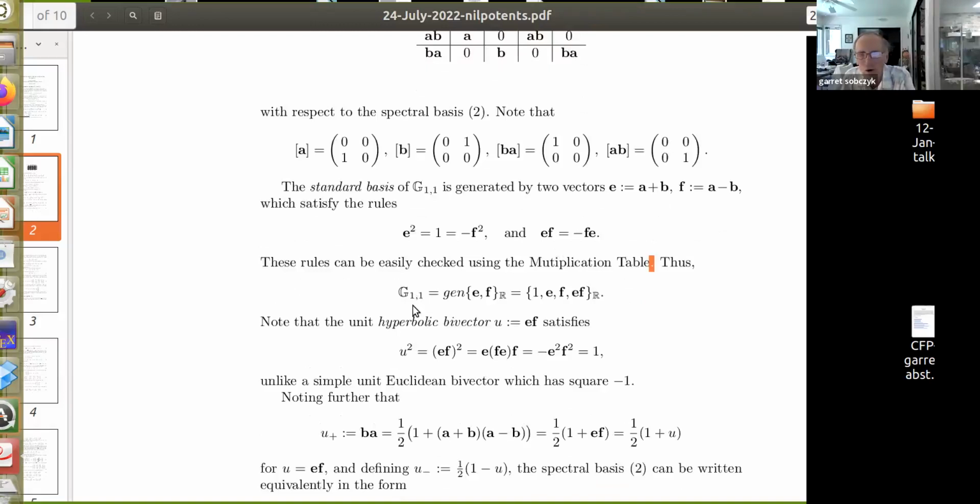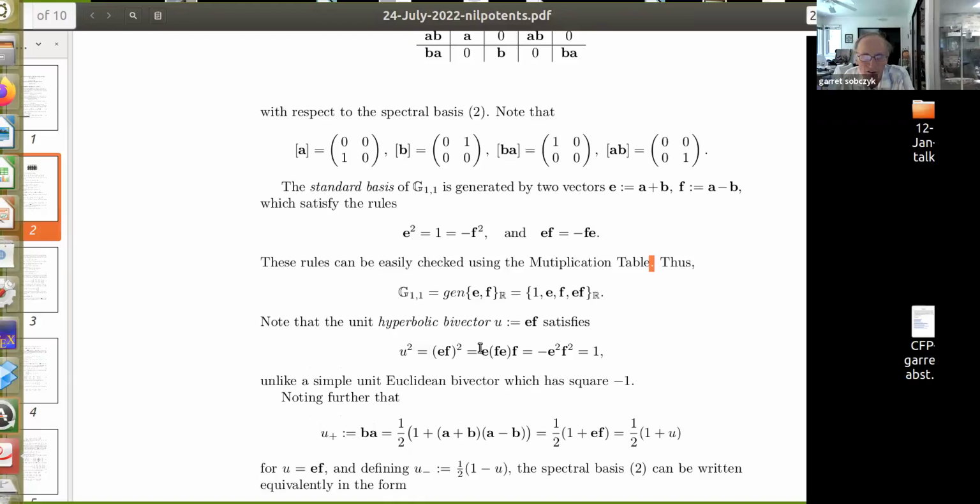Okay, so what is the geometric algebra G11? Well, it's generated by two vectors, which I call E and F, which are anti-commutative. EF is equal to -FE, and E squared is equal to 1 and F squared is equal to -1. And the bivector, well, notice if I take the bivector, I multiply EF times EF.